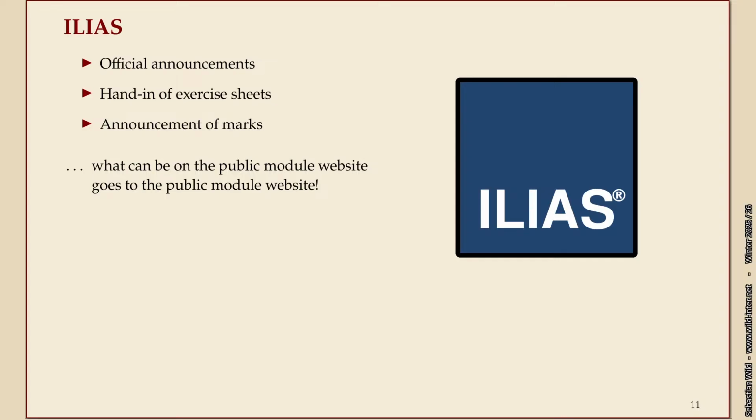But if you prefer not to use your real name and uni address, that's all right. Ilias is the official thing. Anything with marks will go there, and the rest is more informal. And whatever I can, I will put on the public website. That's more convenient, in my opinion.